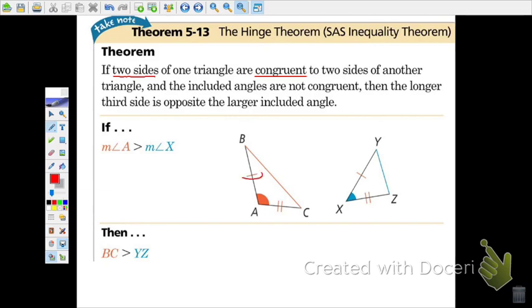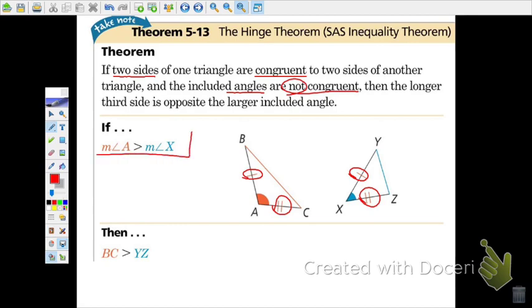Okay? So I have one pair of congruent sides. I have a second pair of congruent sides. So we have to have two sides that are congruent. And the included angles, so angles A and X, are not congruent.